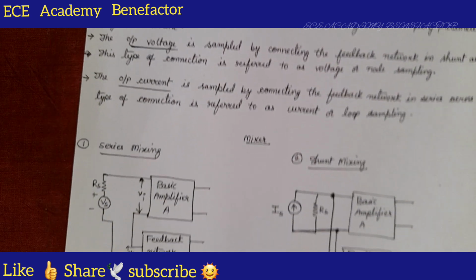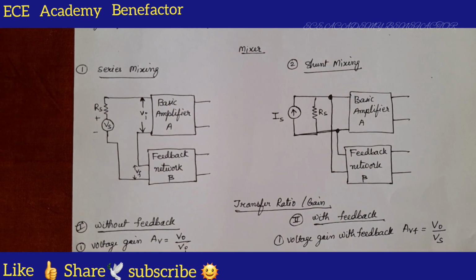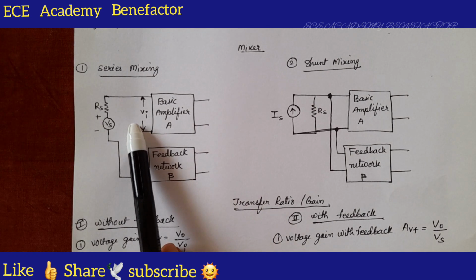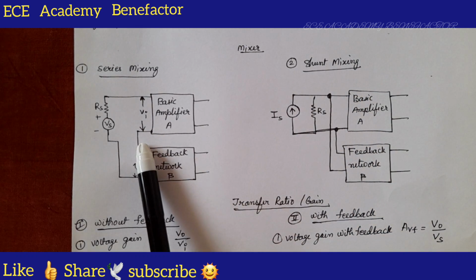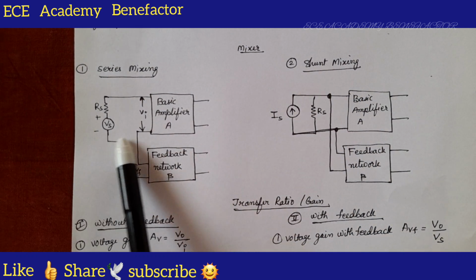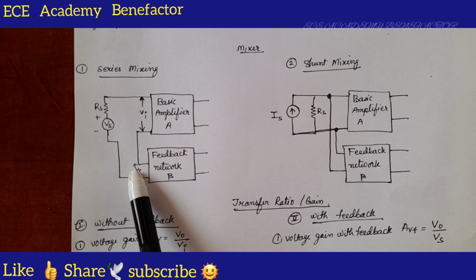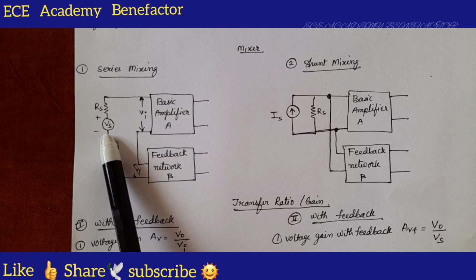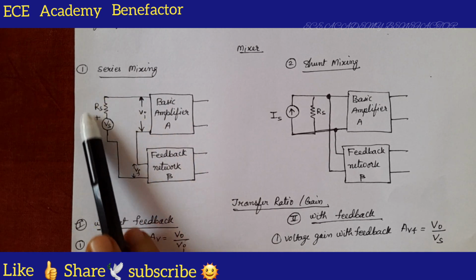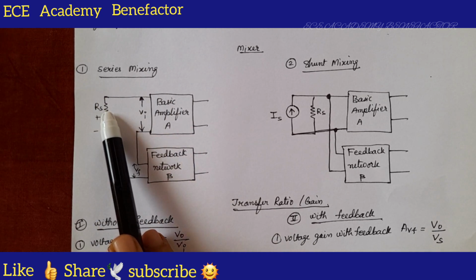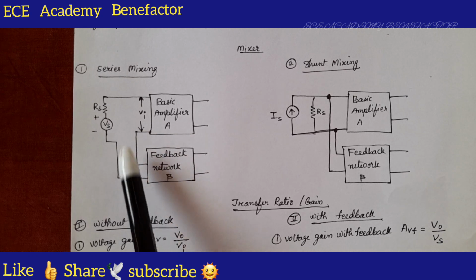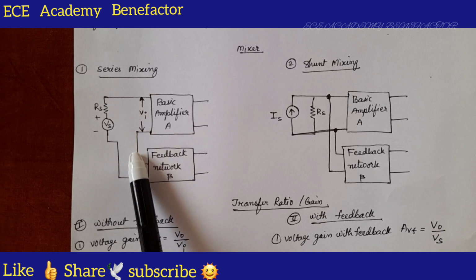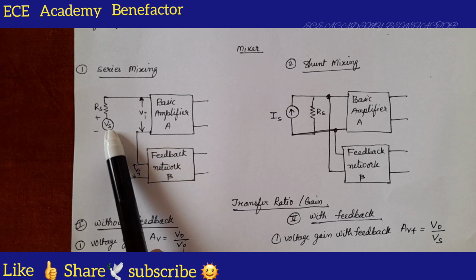Now coming to mixer network, there are two types of mixing. Mixing is done at the input side: series mixing and shunt mixing. Series mixing is when the feedback network is connected in series at the input side. For series mixing we connect a voltage source, with a series resistor Rs. What source is to be connected?